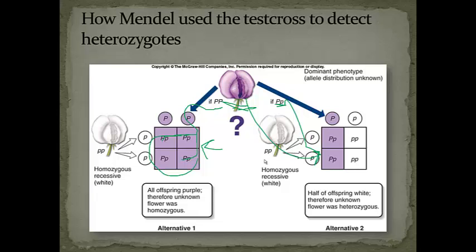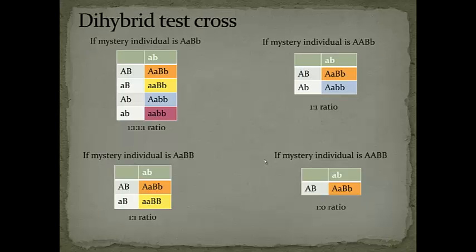Okay, we can do this with a dihybrid cross as well. I shrunk this down because a mystery individual can contribute only one type of gamete. So instead of having 3 other columns that look exactly like this one, I shrunk it down. If our mystery individual is heterozygous for both traits, you're going to have a 1-to-1-to-1-to-1 ratio.